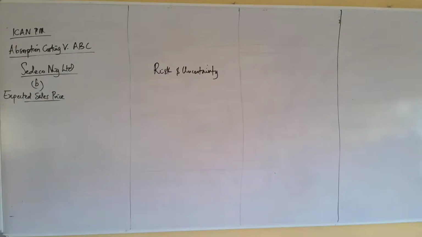Now, what is the information they give us on sales price in the question? Can we look at the last paragraph before the requirement? Can we see the company is considering the pricing of the products because sales price have remained constant as shown in the table below. Can we see that? Yes.